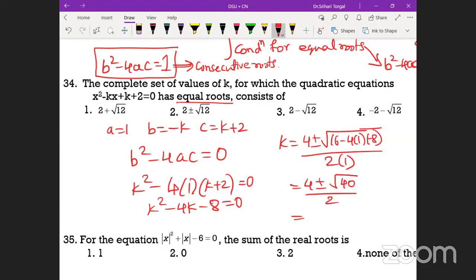Now if I take 4 common, this will be 2 plus or minus root 12. 2 cancels, plus or minus root 12. Option 2 is the right answer.